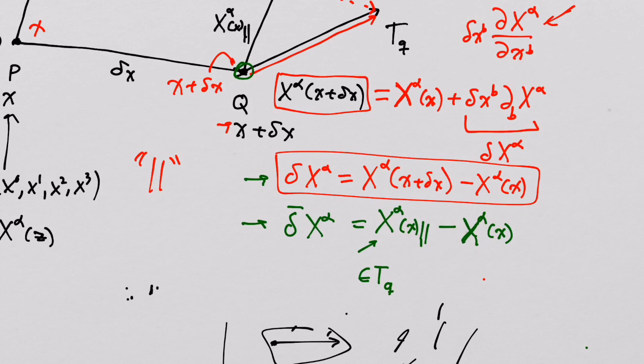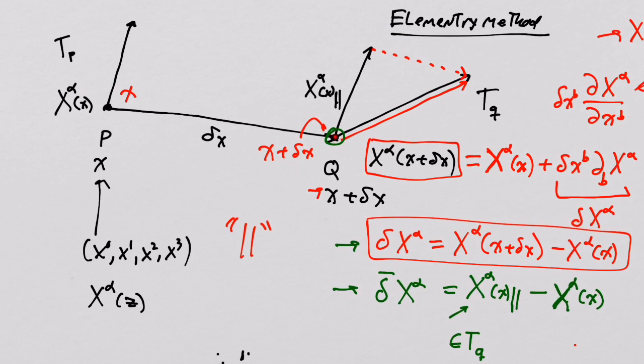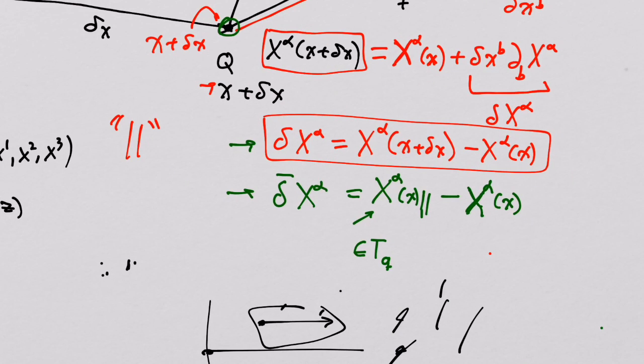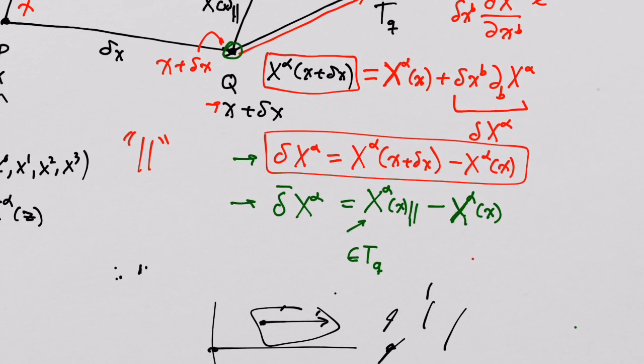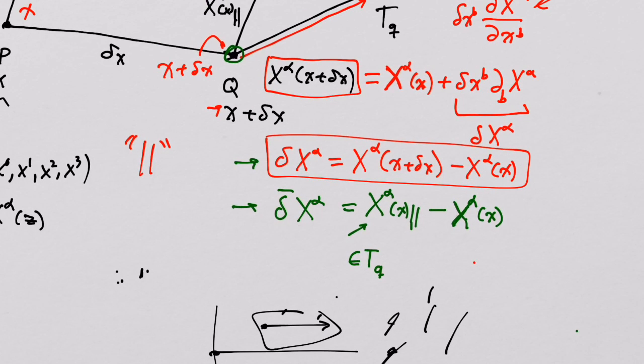These are the components in x. These are two real numbers. In principle, you can subtract them. You can subtract real numbers, right? So the difference in the component values in Q from the component values at P, that difference we're going to call this number here. And this number is delta bar x alpha.